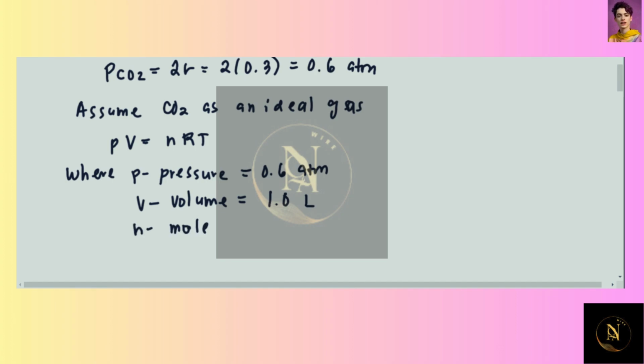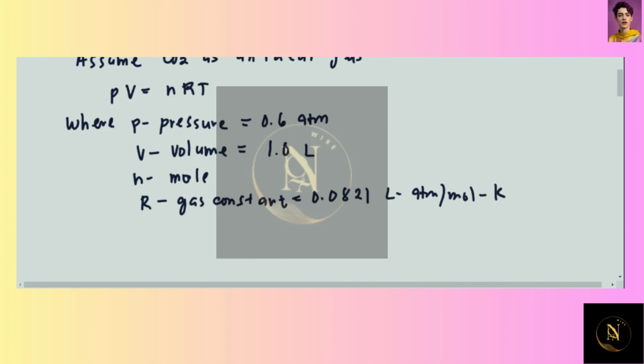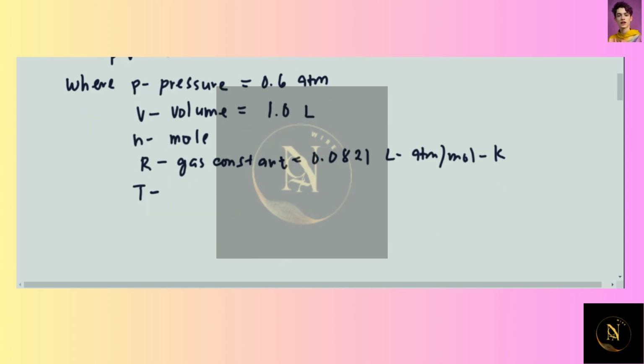R is the gas constant, which equals 0.0821 liter atm per mole Kelvin, and the T is the temperature in Kelvin, which is given as 1000 in this case.